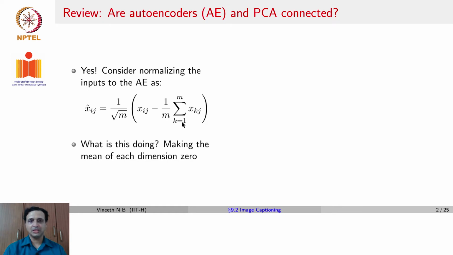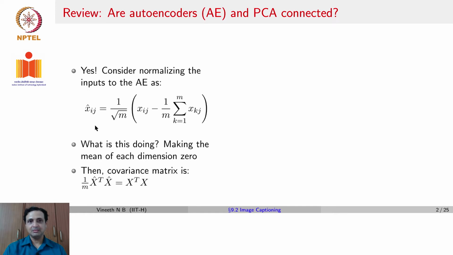It's a standard normalization step. And when you do this kind of normalization, the covariance matrix, x transpose x, is given by 1 by m into x hat transpose x hat. This is because of the 1 by root m that you have when you compute your x hat.